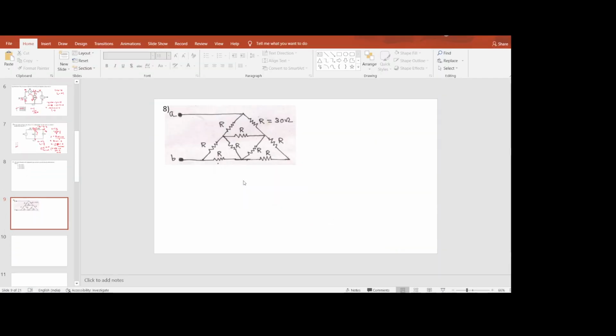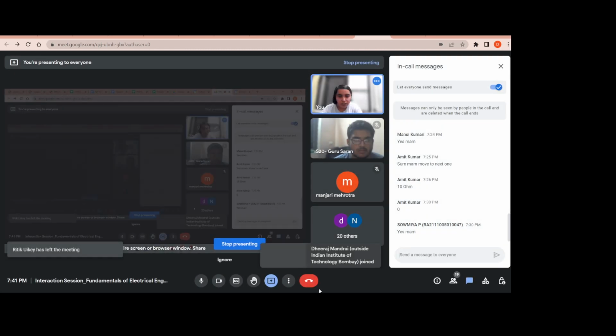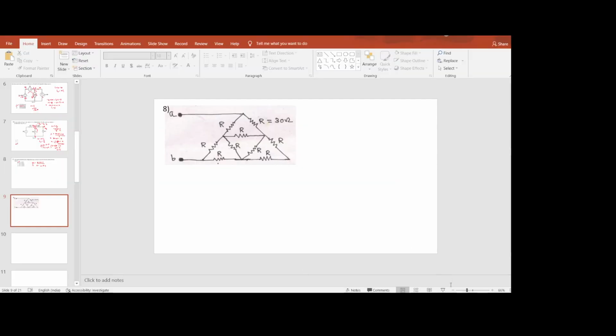Next we will look into equivalent resistance. This is one of the questions given in the exercise. Before we start, I hope everyone is okay with star and delta conversion. There are two things you should know before attempting this problem.